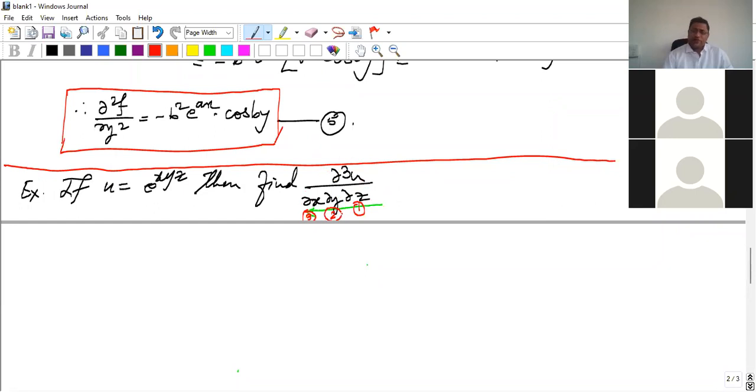And third step, we find the derivative of that with respect to x. So we solve this problem in three steps. Let us try to find what we get. The most important thing is that whenever we are finding the derivative with respect to one variable, the other variables are treated as constants in the case of partial derivatives.